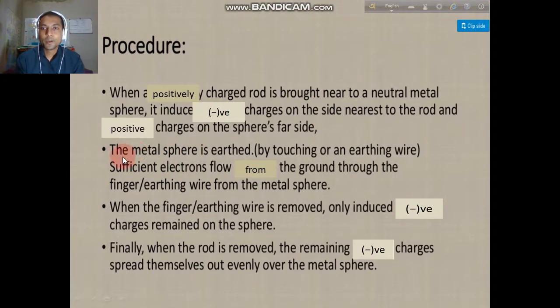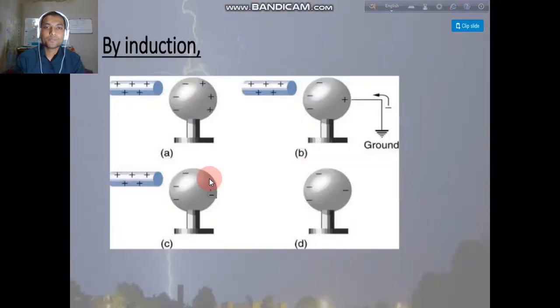Number 2, the metal sphere is earthed by touching or by an earthing wire. Sufficient electrons flow from the ground through the finger or earthing wire to the metal sphere.